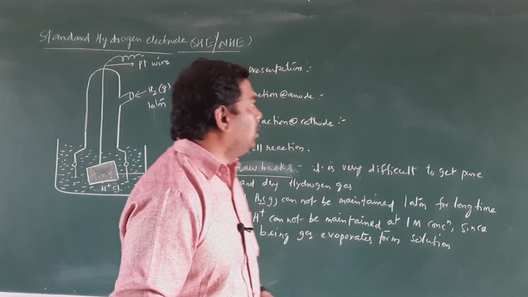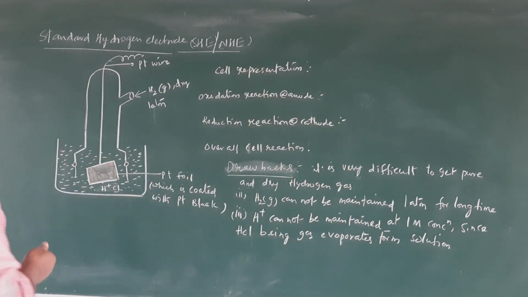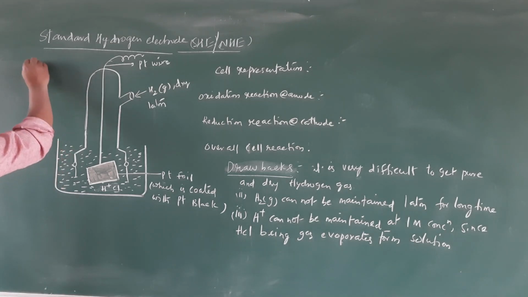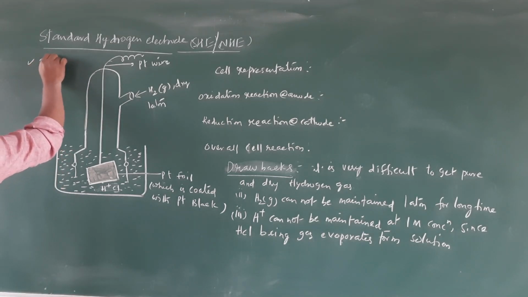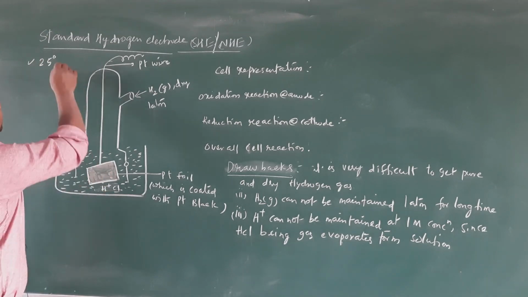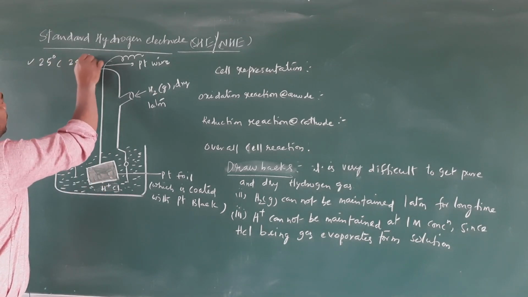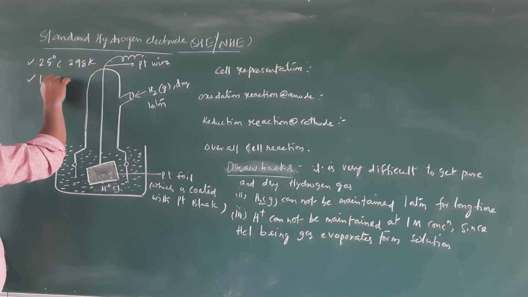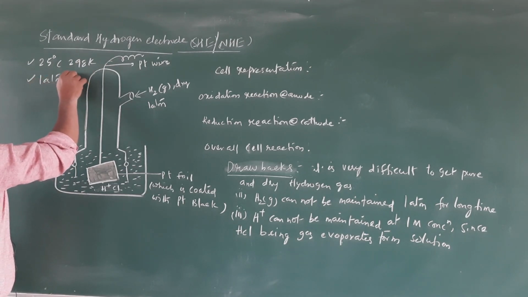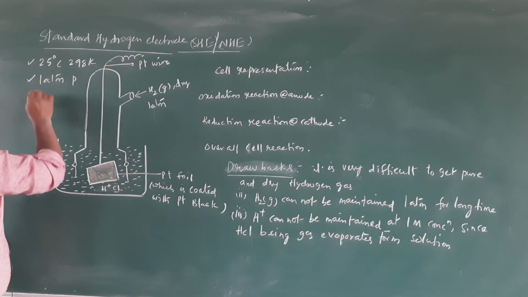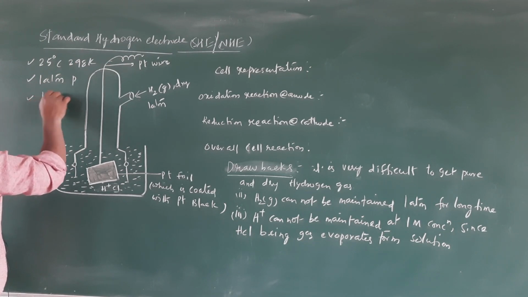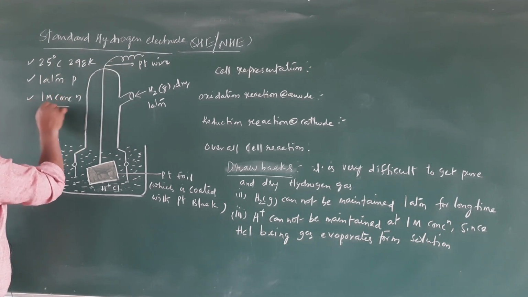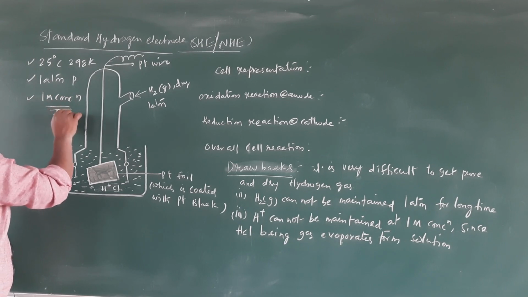Standard hydrogen electrode means here we are maintaining 25 degrees temperature, that means 298 Kelvin, 1 atmosphere pressure, and 1 molar concentration of HCl.